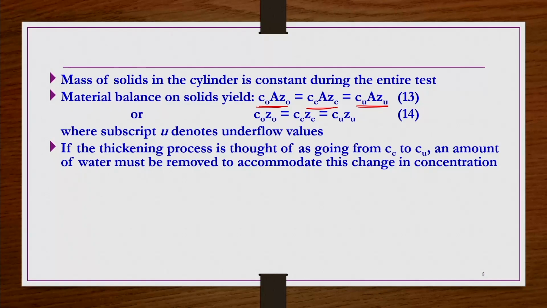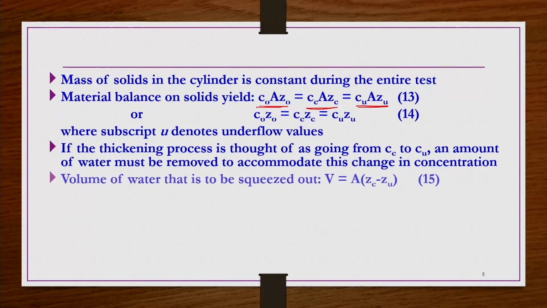If the thickening process is thought of as going from Cc to Cu, an amount of water must be removed to accommodate this change in concentration. So, what is that amount of water? The volume of water to be squeezed out is the cross-sectional area A multiplied by the height difference from Zc to Zu, that is Zc minus Zu.